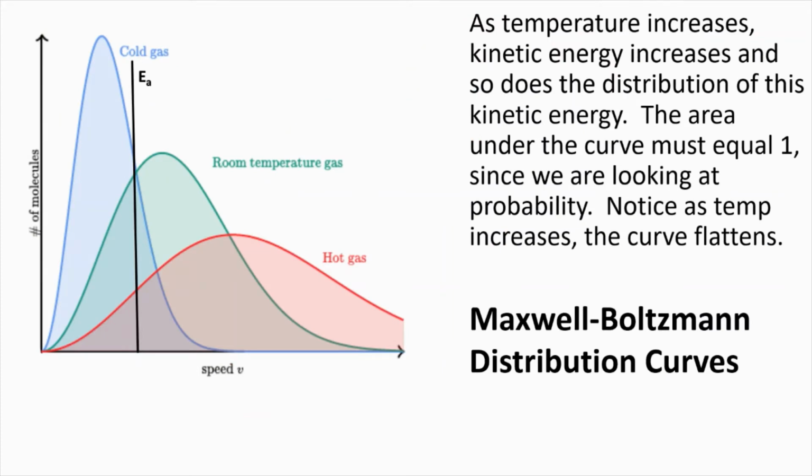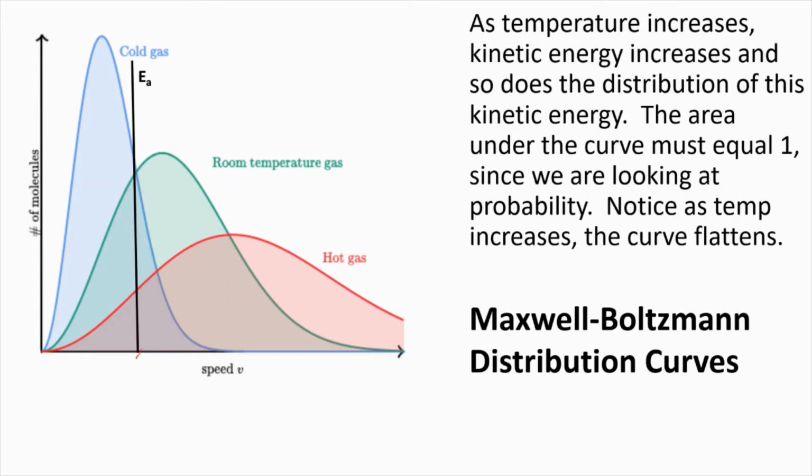We can look at temperature in terms of kinetic energy. So we know that temperature is the measure of the average kinetic energy. Some particles are moving slower, some are moving faster, but overall it is the average. All right, and we've looked at this Maxwell-Boltzmann distribution curve before.